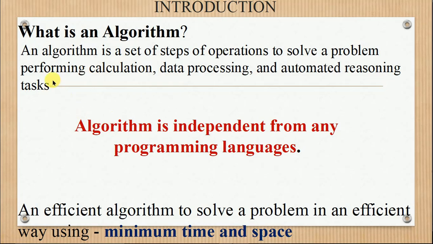Similarly with an algorithm, if you want to solve any kind of problem, the first thing you need to do is develop the algorithm, which will avoid the main issues we would get during the implementation of the program. Now the concept here is that an algorithm is independent of any programming language.